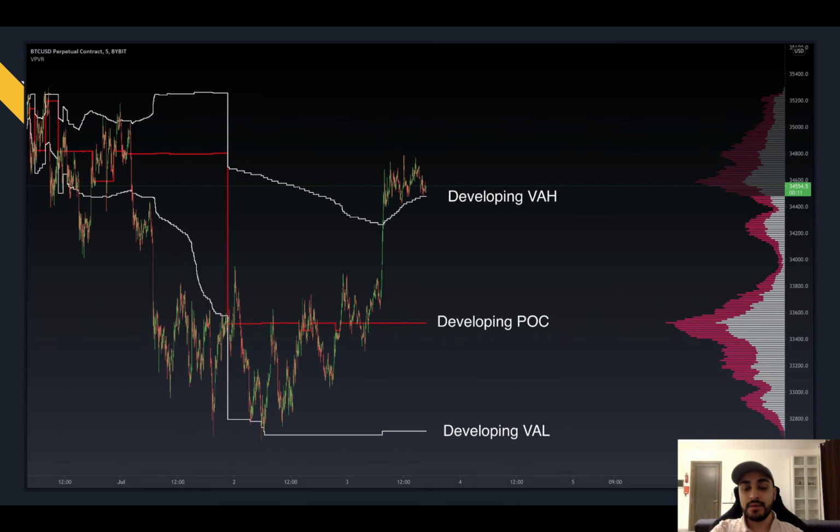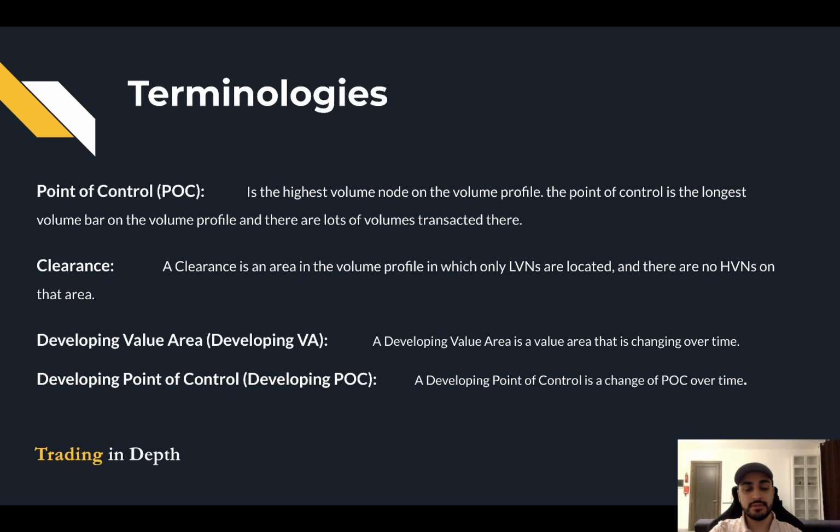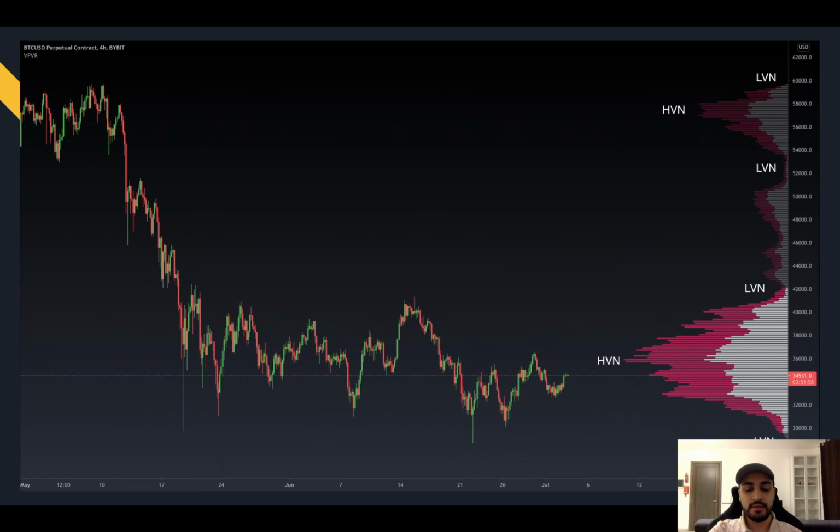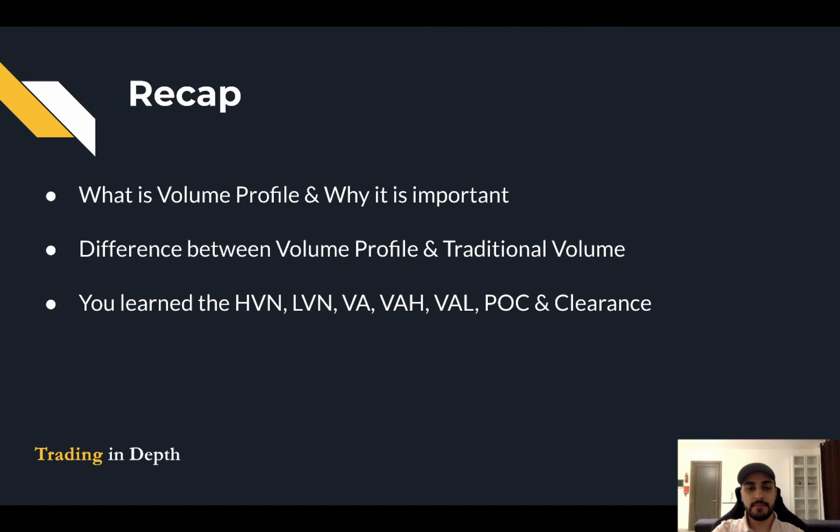So yeah, I think I covered all the terminologies as well. To recap, what we covered here was what is volume profile and why is it important. Volume profile is the volume on the x-axis. It shows the traded amount of volume at each price level. Why is it important? You can read the bigger traders' hands.